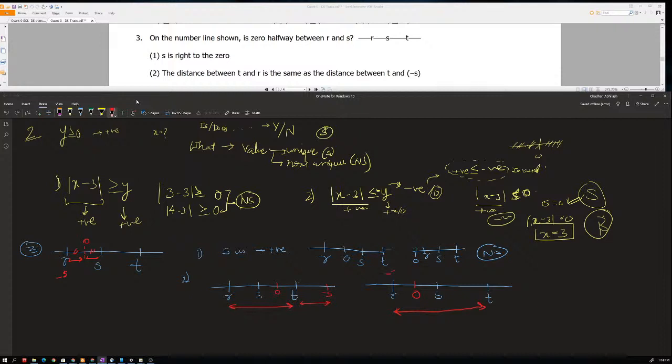It always has to be symmetrical, because this should be equal to this, because 0 is the midpoint of S and minus S. And again, in this condition also, this distance has to be equal to this distance, which is possible, right? Suppose this is 2 and this becomes minus 2 or something like that.